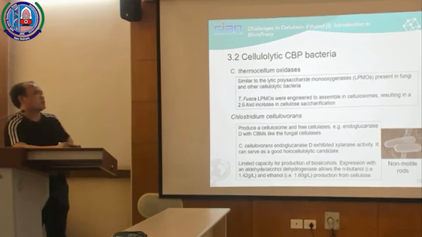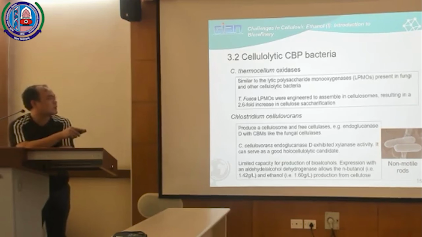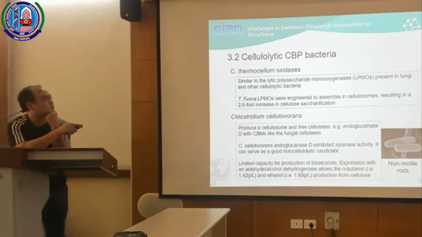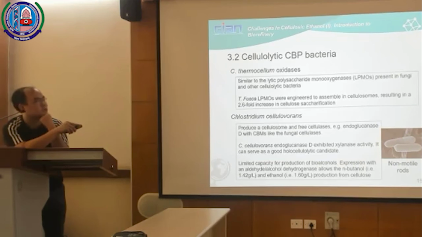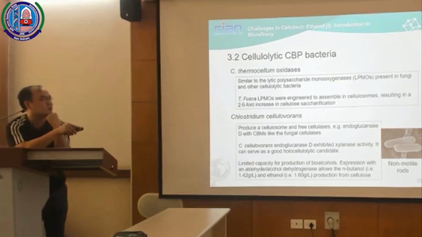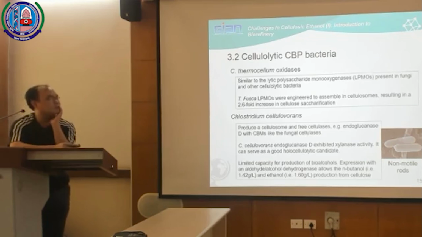Recently, some experts also found that Clostridium produces oxidase. This oxidase helps penetration of E9 of the cellulosome into the substrate. And there might be some other functions of this oxidase, but not clear yet.